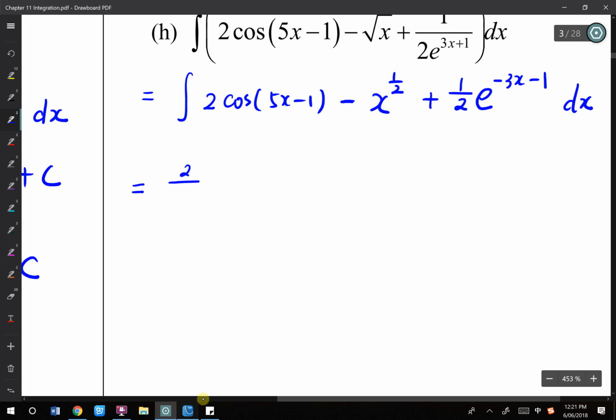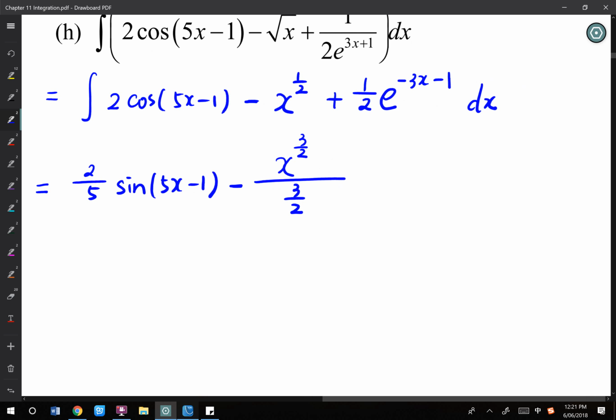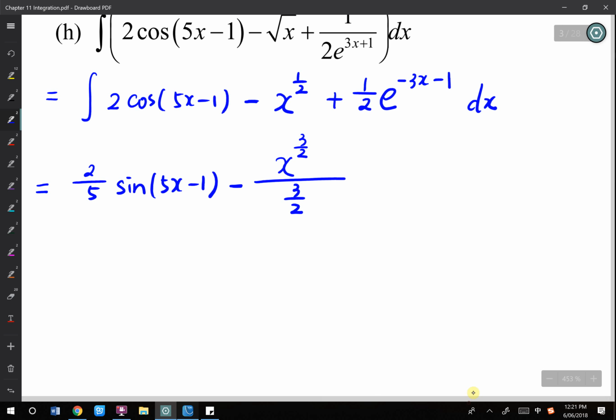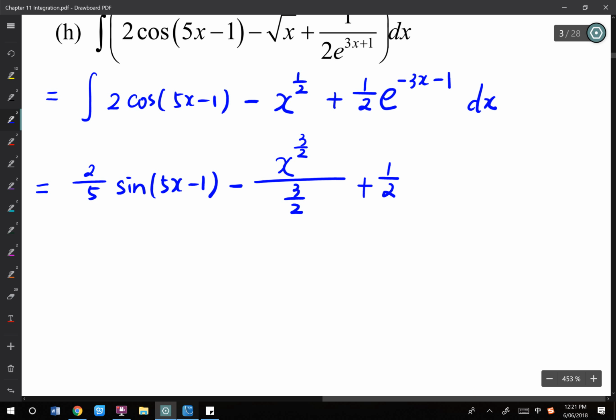Good. So it's 2 over 5 sine 5x minus 1, minus x to the power of a half plus 1 is 3 over 2 and I need to divide by 3 over 2. And plus a half times 1 over negative 3 times e to the negative 3x minus 1 plus c.